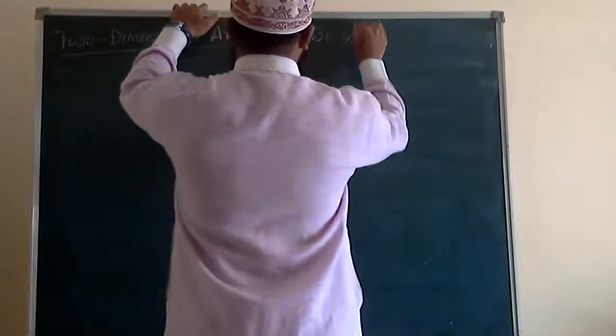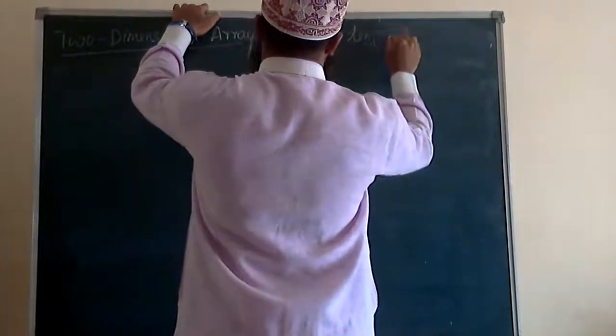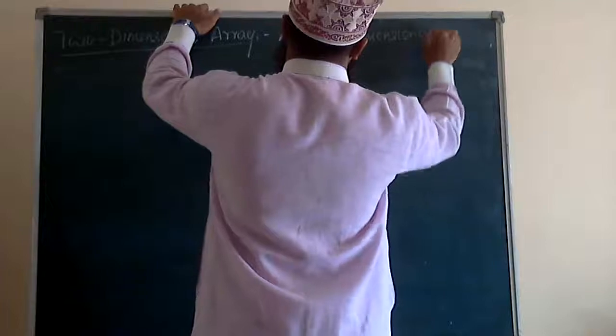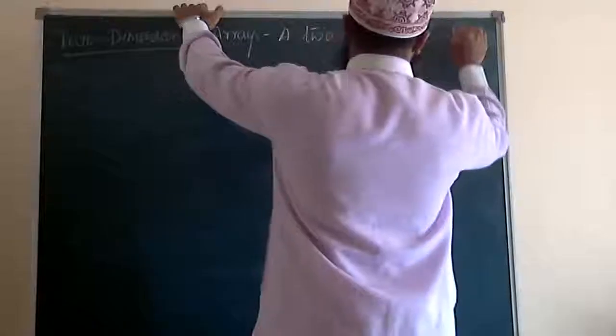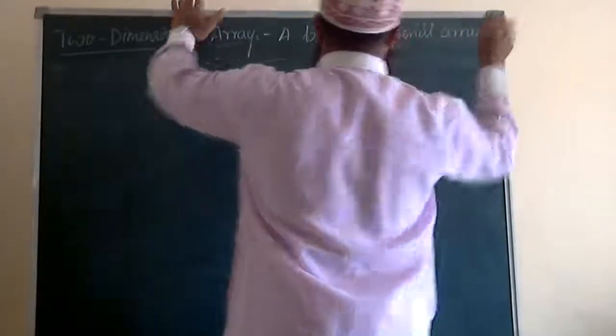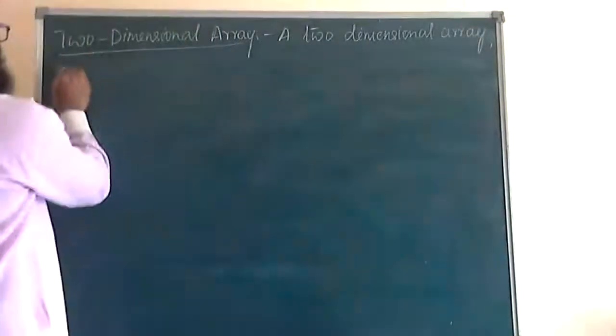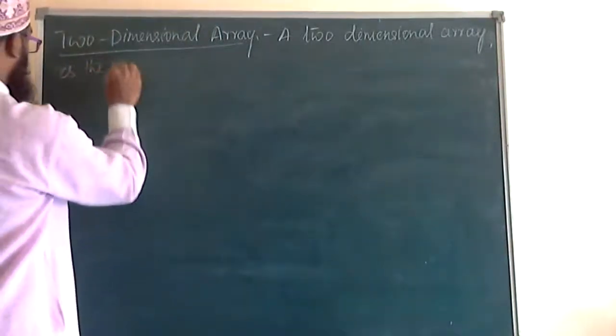A two-dimensional array is the array of elements.